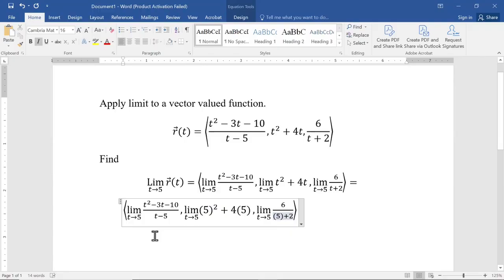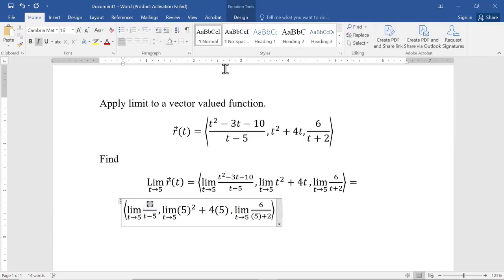Now, as far as the limit on the x component, this can be found, but I need to do some algebra on that. So what I would do is I'd factor the numerator, t squared minus 3t minus 10. I'm not going to show how to factor, but it's basically something I'm sure everyone has seen.